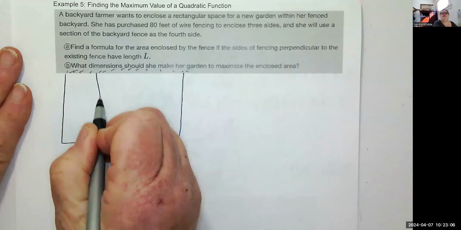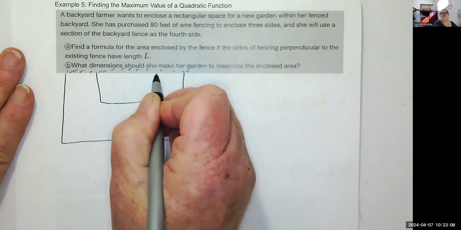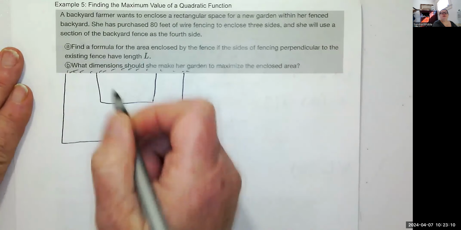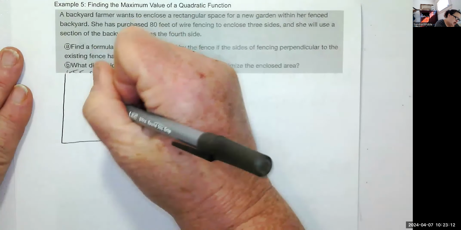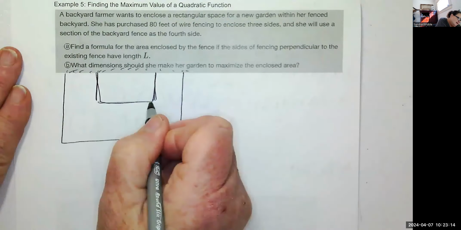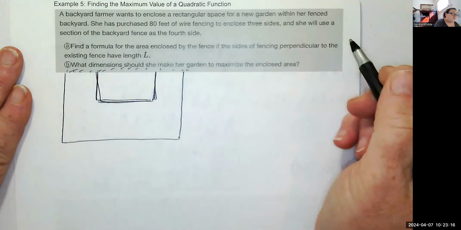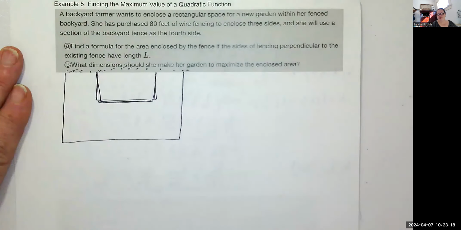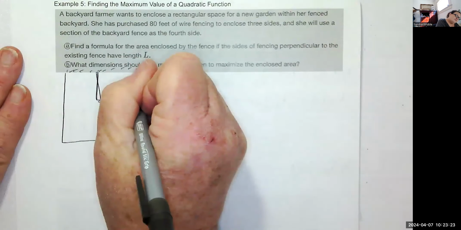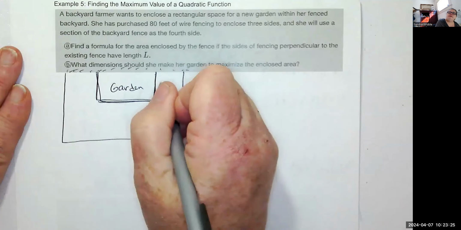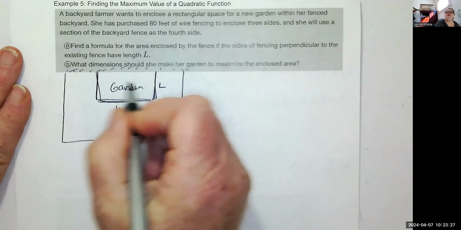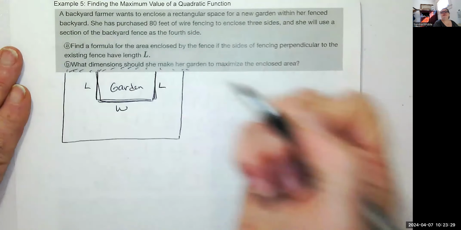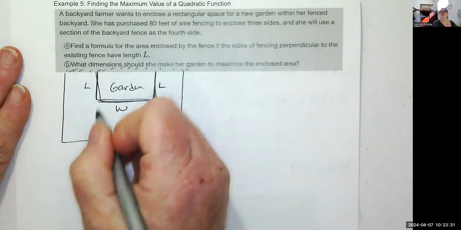She's wanting to enclose a garden, and this is supposed to be straight. So we want to have this to where she's got the garden here, and she's got a length and she's got a width. This length and this length are going to be the same. So there's her 3 sides.